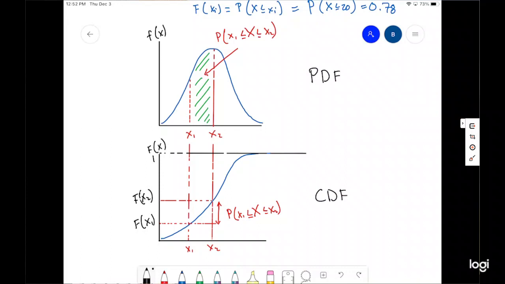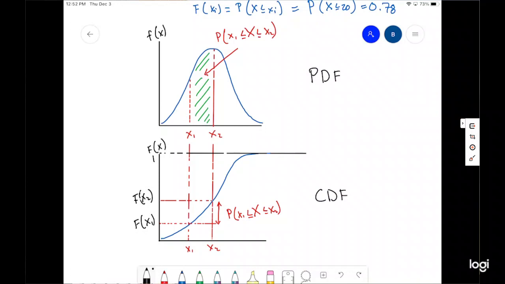So the PDF for a continuous variable really is only useful for telling us the probability that a random variable falls between two values, say x1 and x2, and that would be the green area highlighted in that PDF. Also written as p of x1 less than or equal to the random variable x less than or equal to x2.